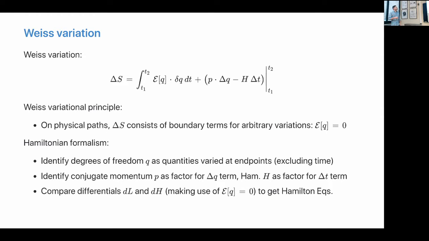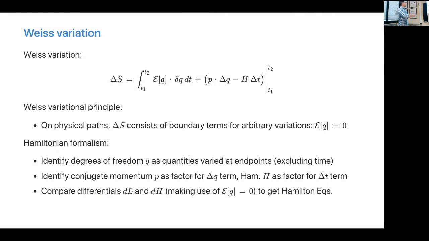The Hamiltonian is whatever appears in front of the delta T term. Then, assuming you can rewrite the Hamiltonian in terms of just the P's and the Q's, you can compare the differentials dL and dH, and upon comparing them, you get Hamilton's equations under the condition that the Euler-Lagrange equations are satisfied. So that's how you get to the Hamiltonian formalism from the Weiss variation.